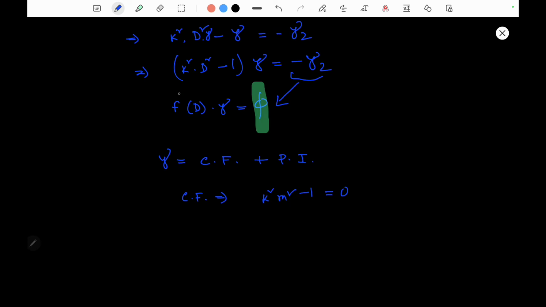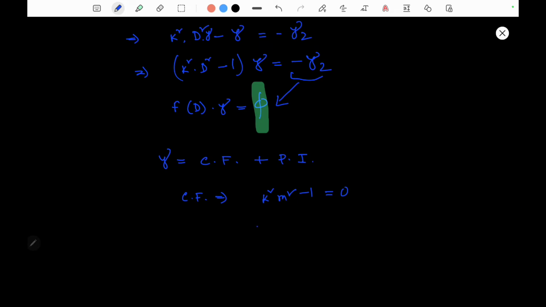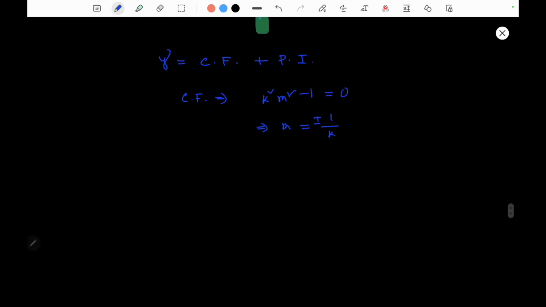To write the auxiliary equation we need to write 0 on the right hand side, and on the left hand side, in place of D we write a constant, like m I have written here. If I solve this, then we will get plus minus 1 by k.